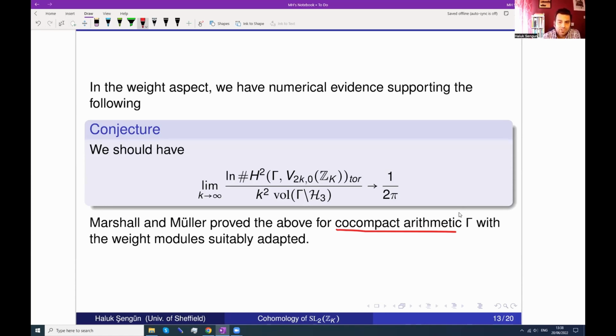Take your congruence subgroup sitting inside the Bianchi group, say, and take any kind of non-parallel weight, but I'll stick to the same kind of weight system as in their paper: an even number, comma 0. So it's essentially one copy of the symmetric power representation with an even degree.